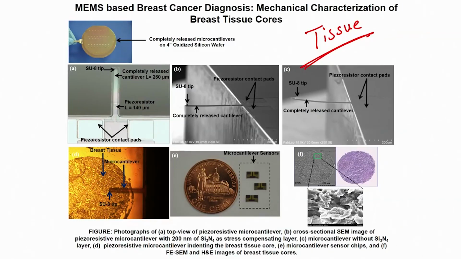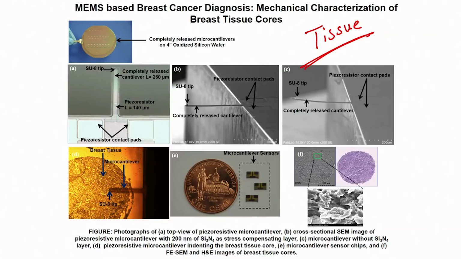Right. So, when you talk about tissue, the stiffness of the tissue is different. Can we measure stiffness using a piezoresistive microcantilever? That is the question, right. Can we measure the stiffness of the tissue using piezoresistive microcantilevers?